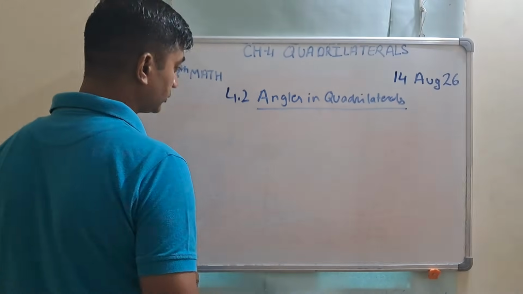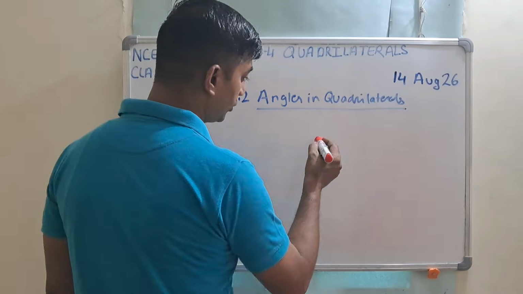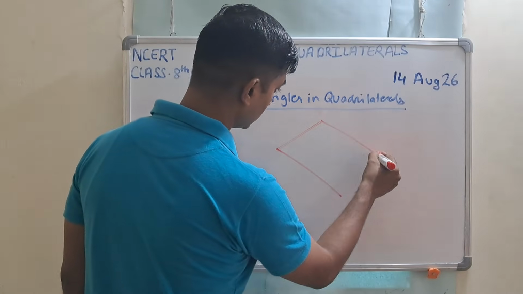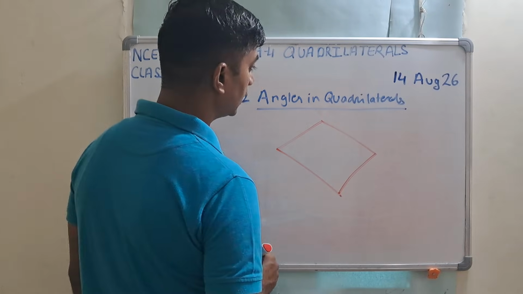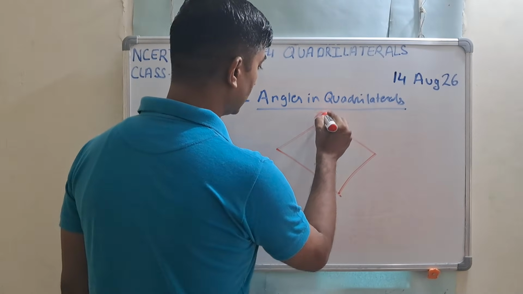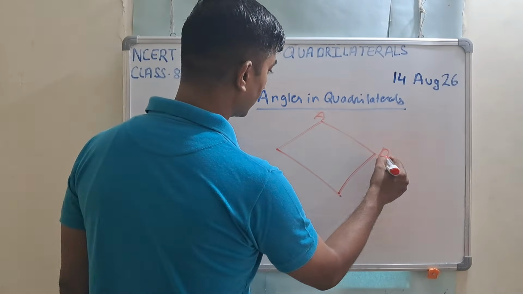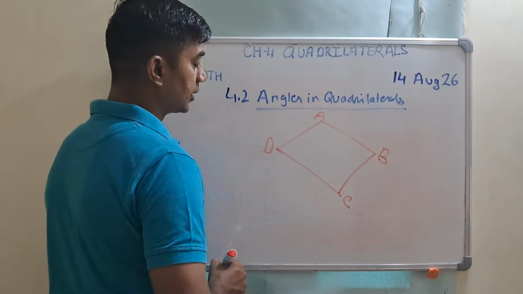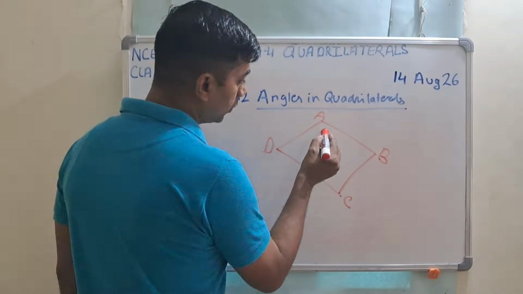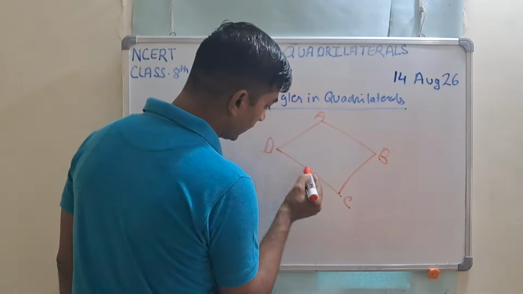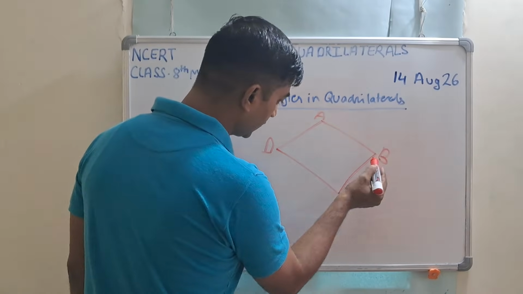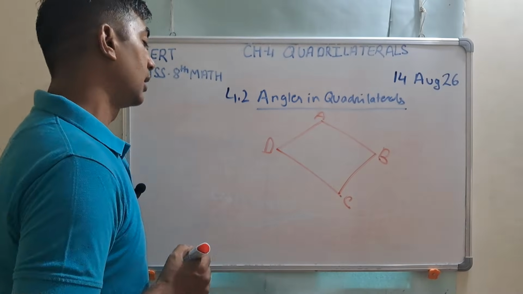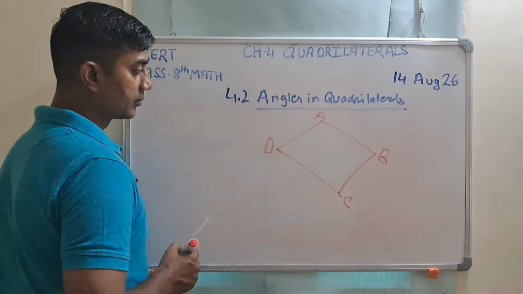So now let's draw a quadrilateral A, B, C, and D. Now we want to know what is the relation between these angles, meaning angle A, angle B, angle C, and angle D. What is the relation between these angles that we will establish?